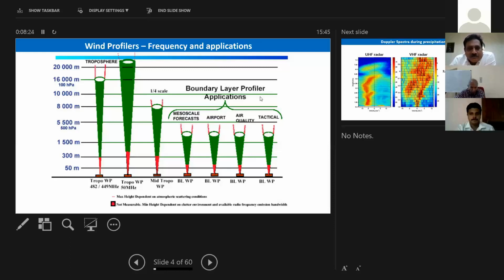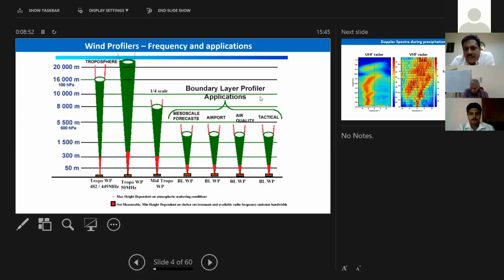Depending on your application and region of interest, you can choose the frequency. If you want to probe the mesosphere, stratosphere, and troposphere, all three regions, you can go to the MST type, 50 megahertz.